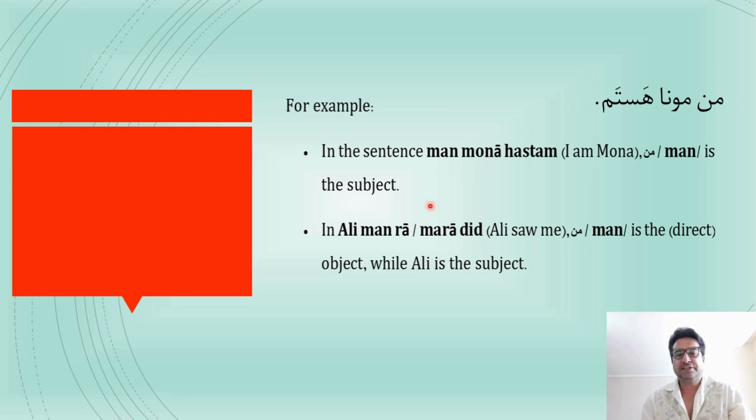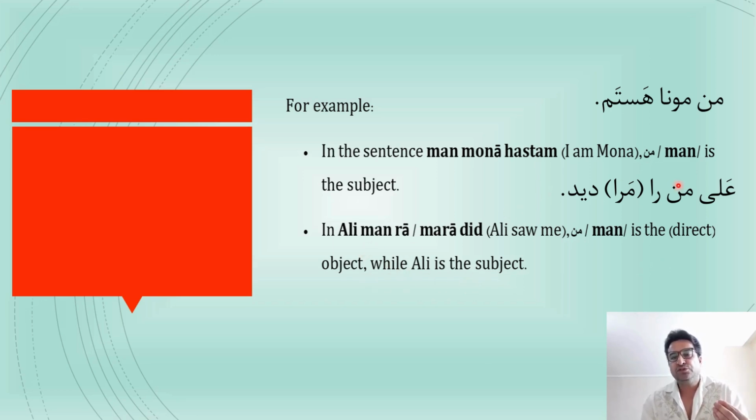And here, Ali man ra or mara did. Ali saw me. So here, man is the object, or let's say the direct object, while Ali is the subject.